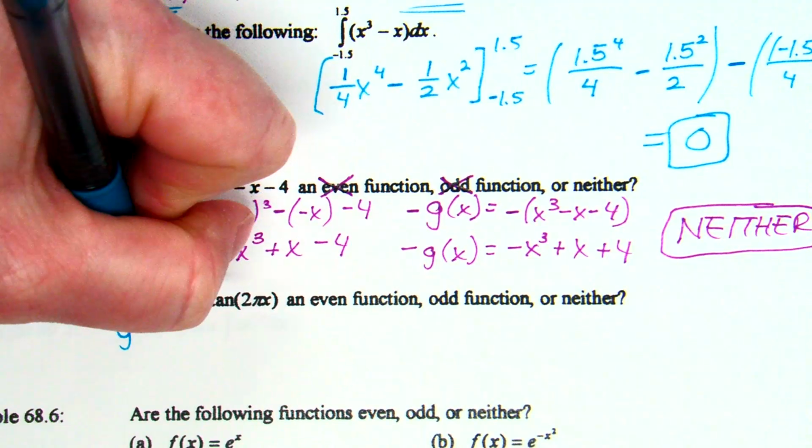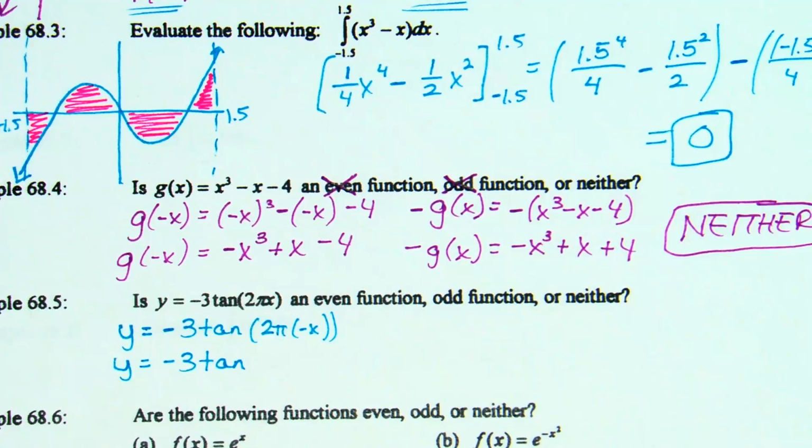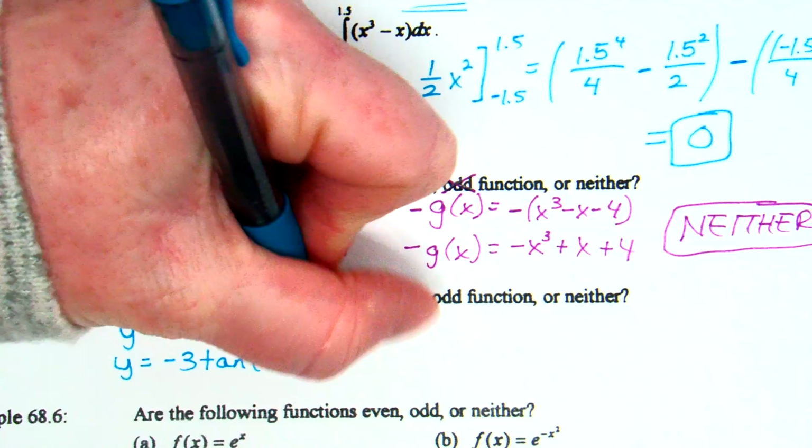So negative 3 tangent of 2 pi times negative x. As I clean this up, it's negative 3 tangent, and inside there, 2 times pi times negative x is going to be negative 2 pi x.